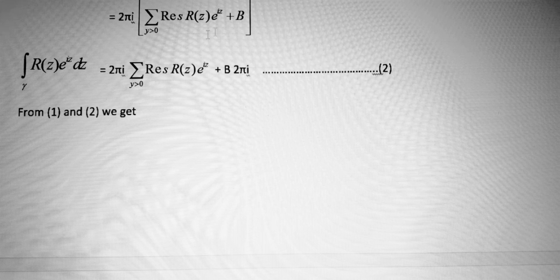If we remove the brackets, we get the integral over gamma of r(z) e^(iz) dz equal to 2 pi i times the sum over y greater than 0 of the residues of r(z) e^(iz), plus b times 2 pi i, which is denoted as 2.